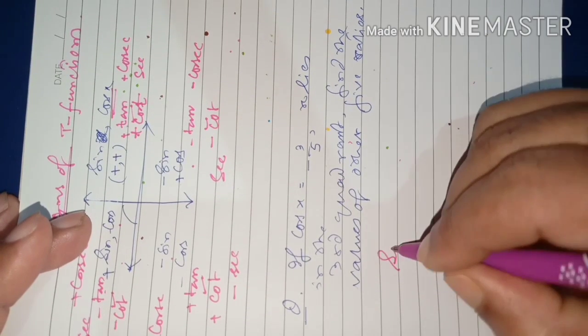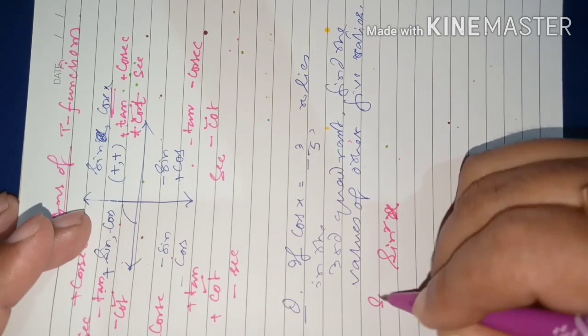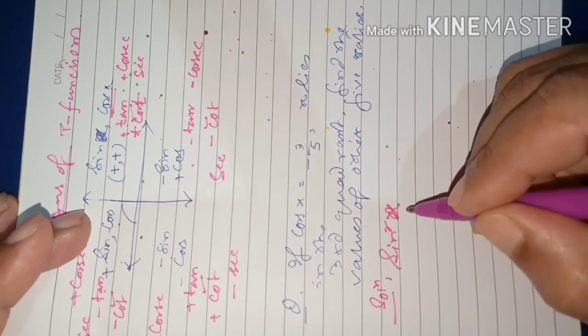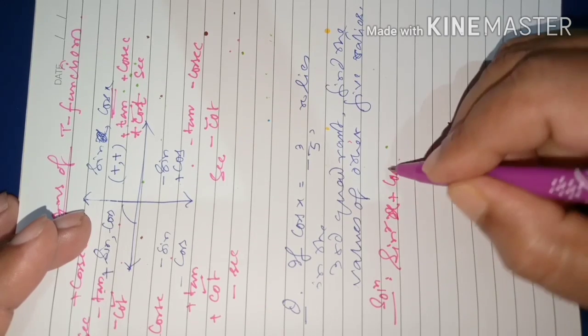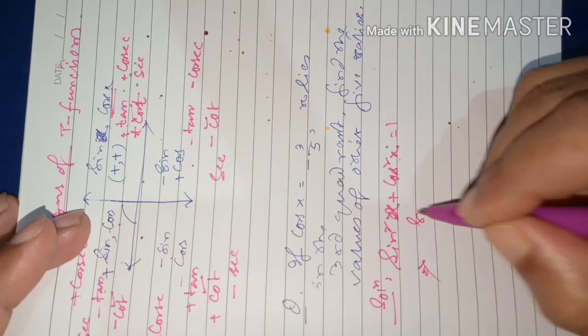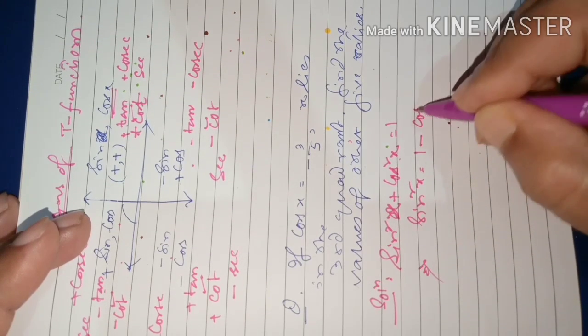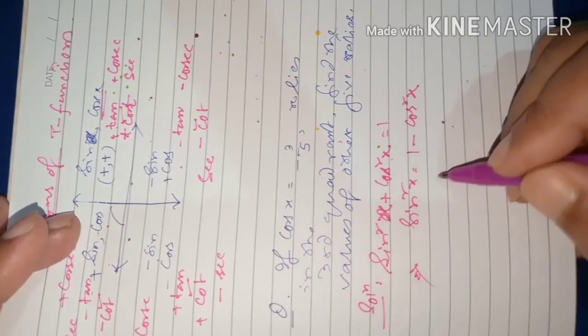You know the relationship between sine and cos. You can write the solution like this: sine square x plus cos square x is equal to 1. Then sine square x will be equal to 1 minus cos square x.